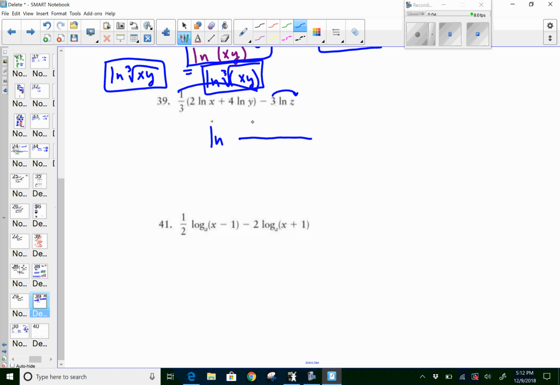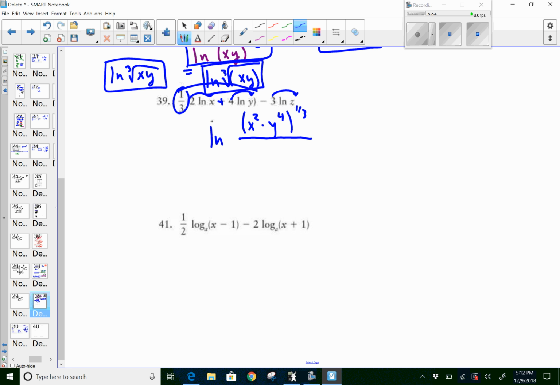So it's going to be 2 ln of x. So I know that the 2 gets kicked back, so that's going to be x squared. This is going to be plus changes into multiplication. The 4 gets kicked back, so it's going to be y to the 4th. And all of it is going to be raised to the 1/3 power.